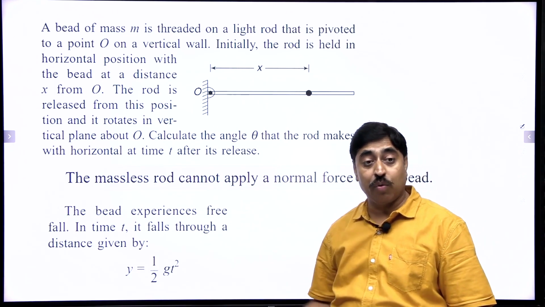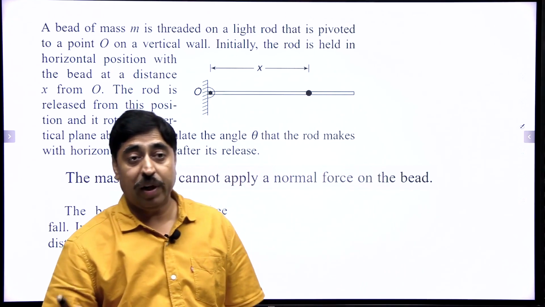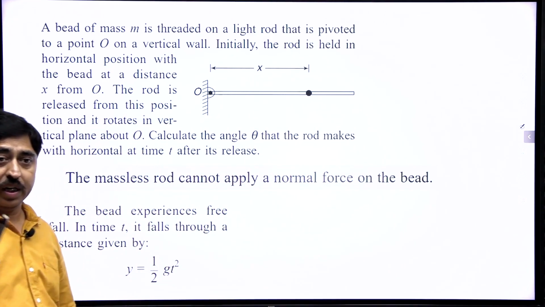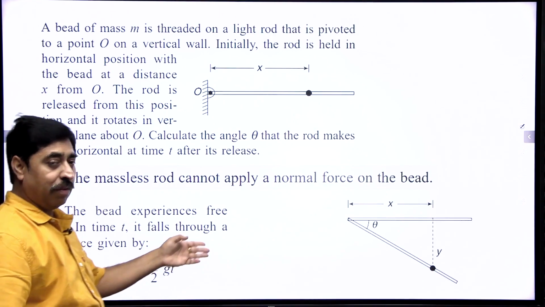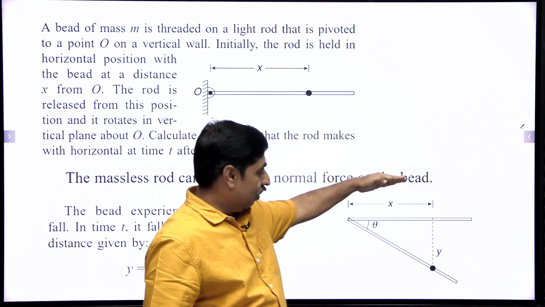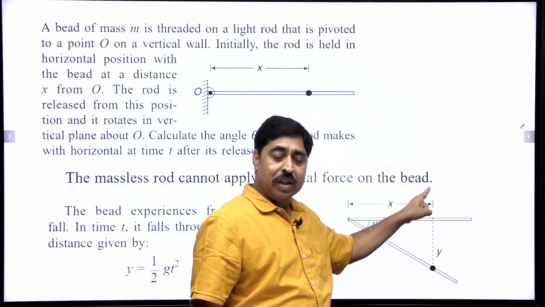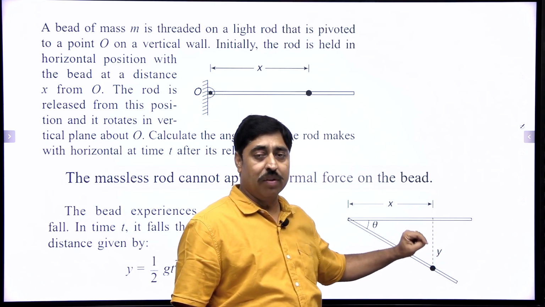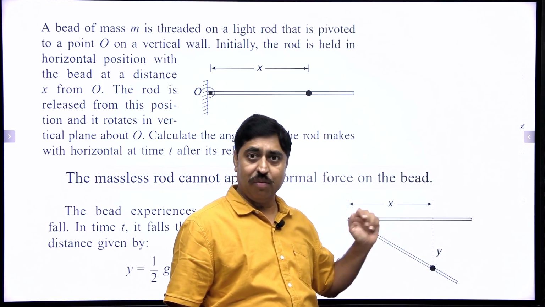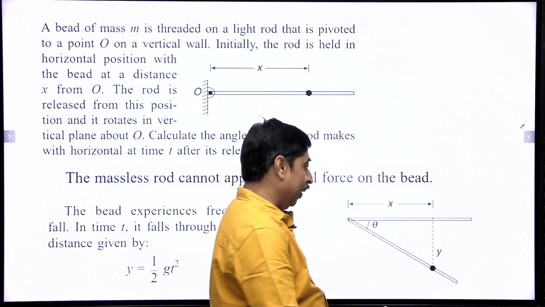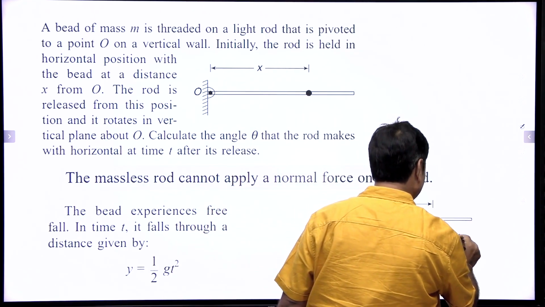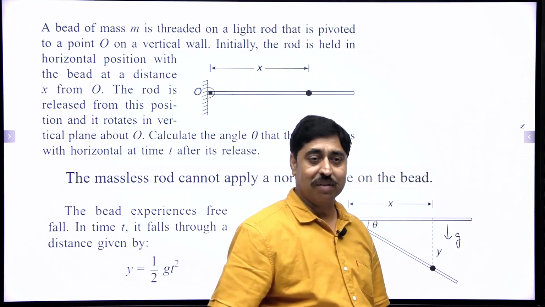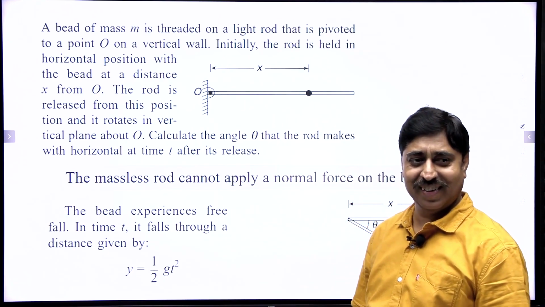The situation will look somewhat like this. The bead has come down here, it has fallen through a distance y. What is this y? Half gt square. Why? Because this bead is falling down continuously with acceleration g. Students, please try to understand this, very important.